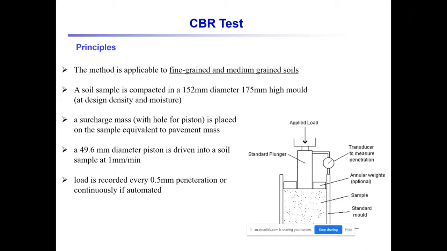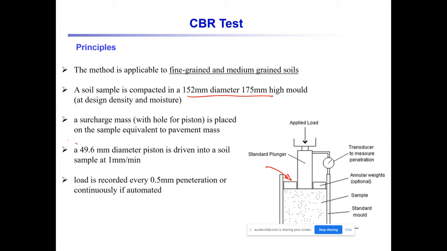This CBR test is only applicable for fine grain and medium grain soils. If the size of the particles is large, then in that case you cannot conduct this test. Here are the dimensions of the soil sample, and we need to apply a surcharge mass, and the value of this surcharge mass must be equivalent to the weight of the pavement.